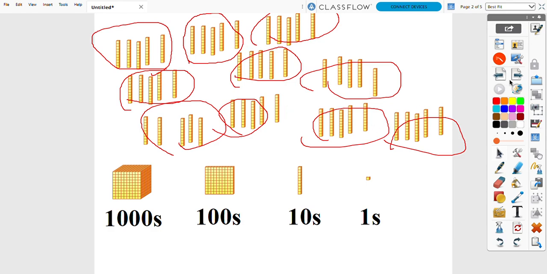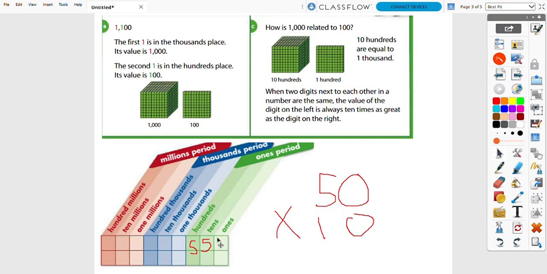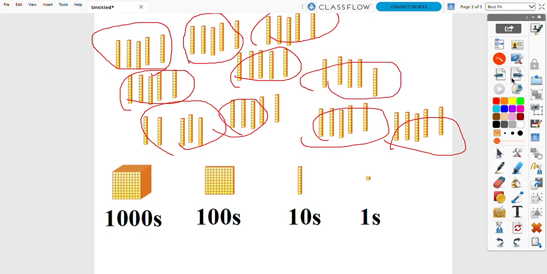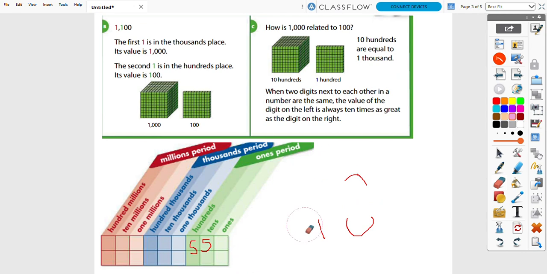There are 500 total there, which proves that if we had 10 times the 5 tens, or 50, it should be 500. And if you look at it with the math problem, I'm not sure if you remember this from 3rd grade. 50 times 10.